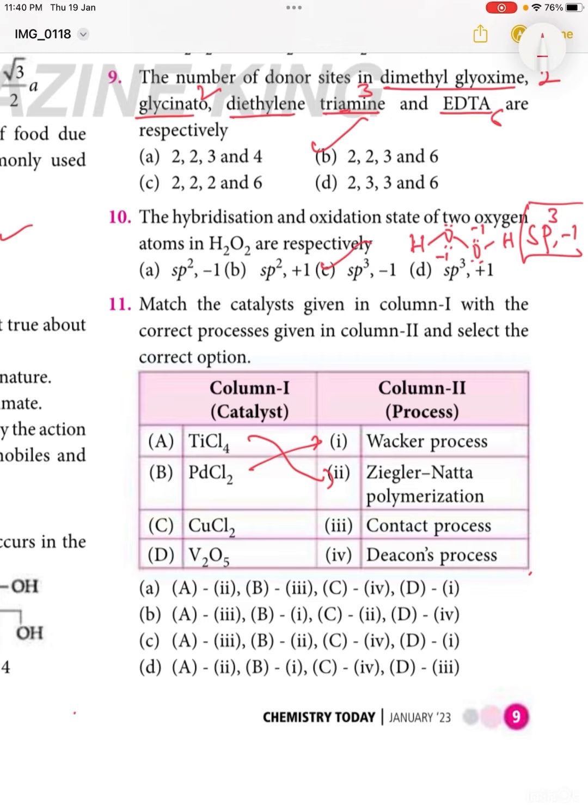Next, CuCl2 is used in the Deacon process. The Deacon process is nothing but the preparation of chlorine, the oxidation of hydrochloric acid into chlorine. V2O5 is a catalyst used in the contact process. So A is 2, B is 1. So D option is correct.